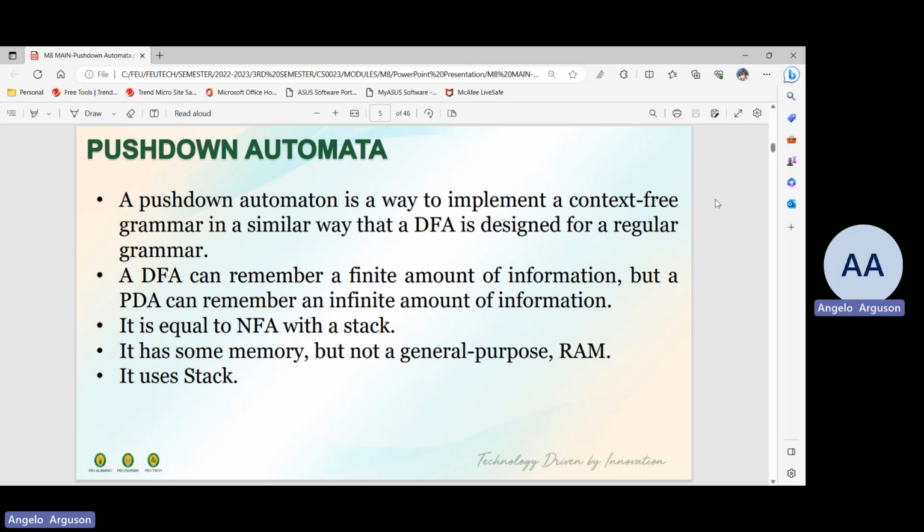Any language which can be accepted by an FA can also be accepted by a PDA. PDA also accepts a class of languages which cannot even be accepted by an FA. Thus, PDA is much more superior to FA.